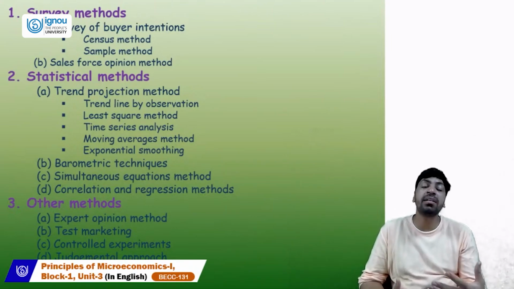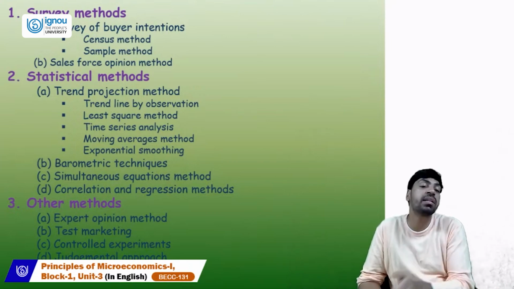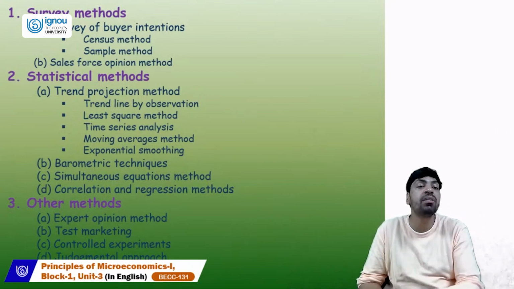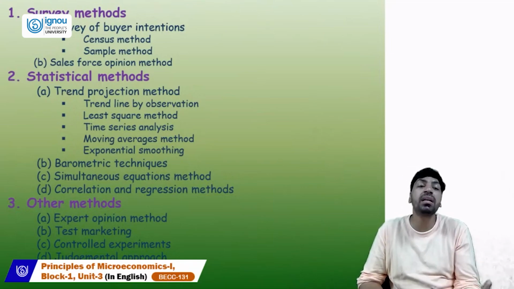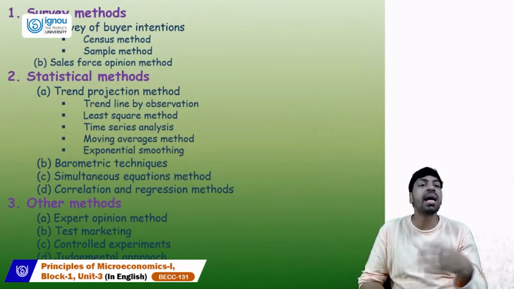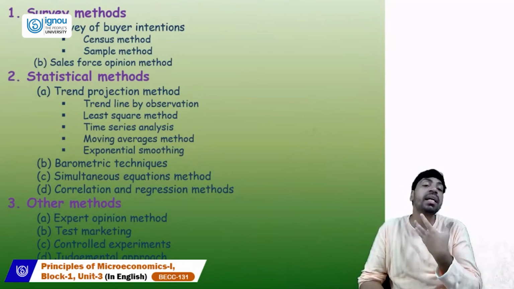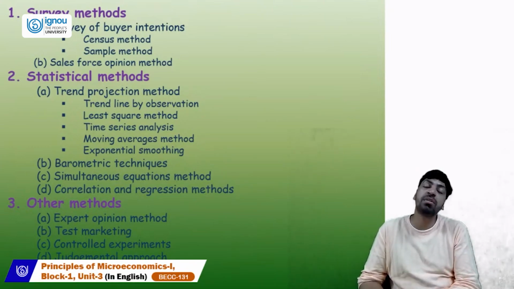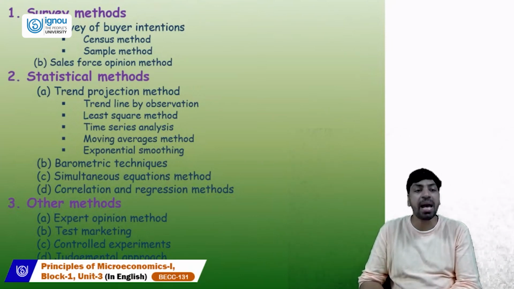When they share their opinion in the sales scenario, the Salesforce opinion method is used to take opinions about demand forecasting for a new product which will be launched soon by the company. So there are two methods under survey of buyer intention: first the census and sample method, and second the Salesforce opinion method.